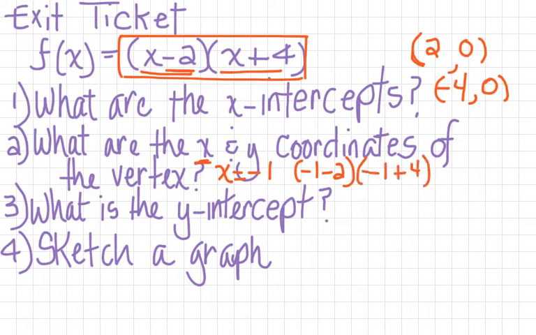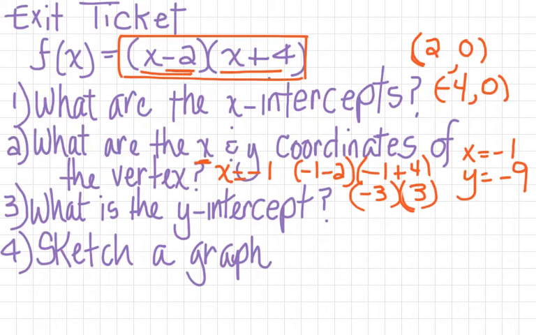Go ahead and simplify. Negative 3 times 3, which is negative 9. Therefore, my x and y coordinates are x is equal to negative 1 and y is equal to negative 9. Okay, so that's for my vertex.